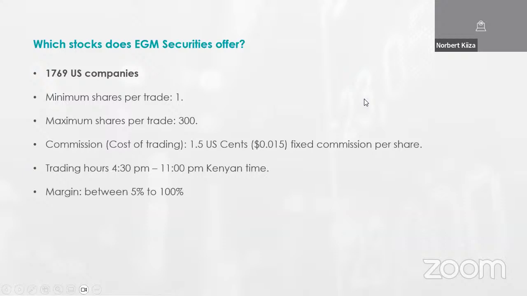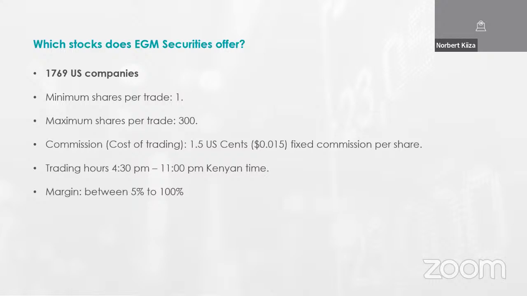So which stocks can a trader access on EGM Securities platforms? So we have over 1,700 US companies. When it comes to US companies, a trader can trade a minimum of one stock.